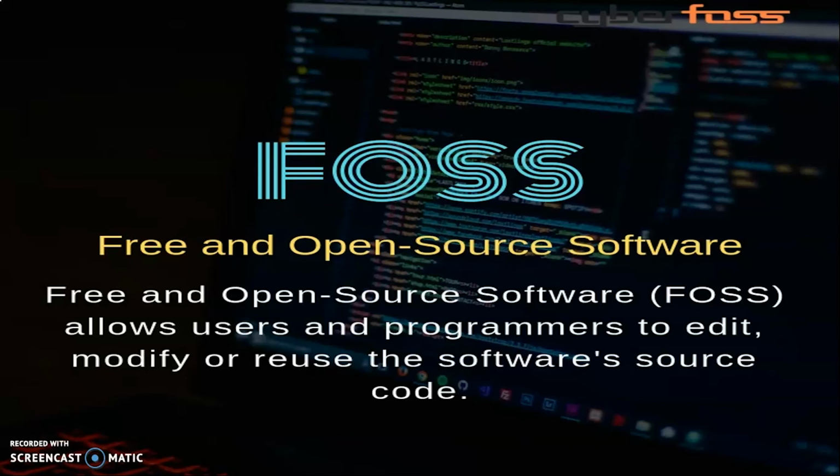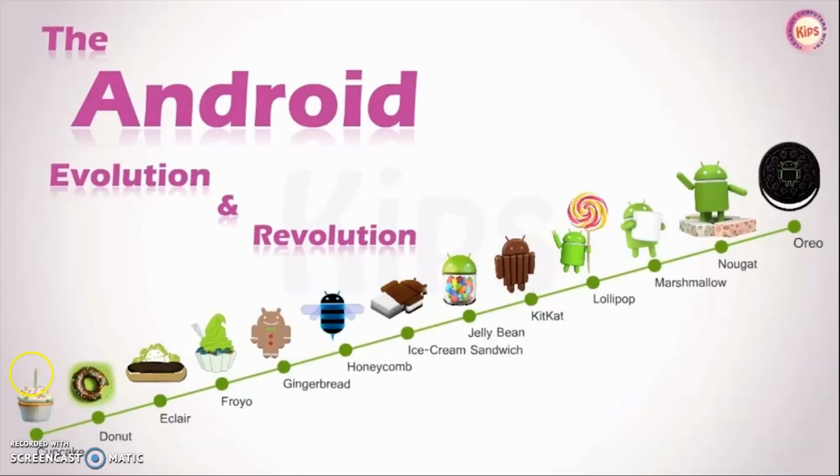There are many FOSS applications, for example Java, Python, Office Impress, Office Base, Xmind, Google Earth. All these are examples of open source software. So have you all clear, children?